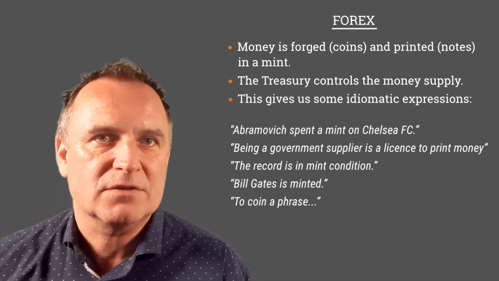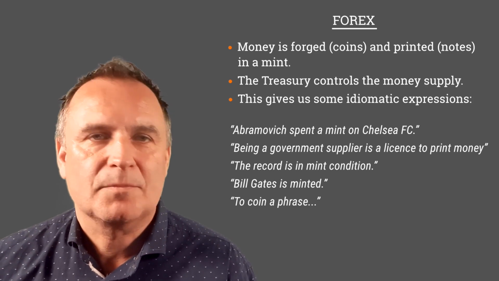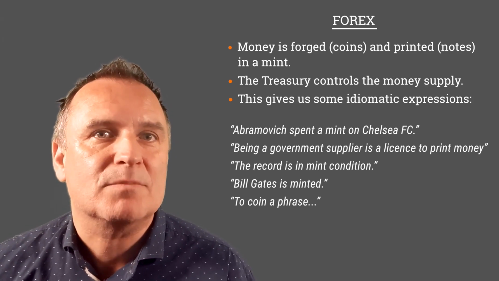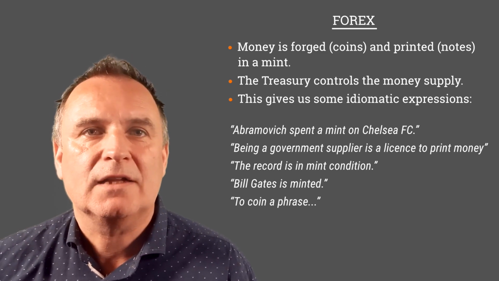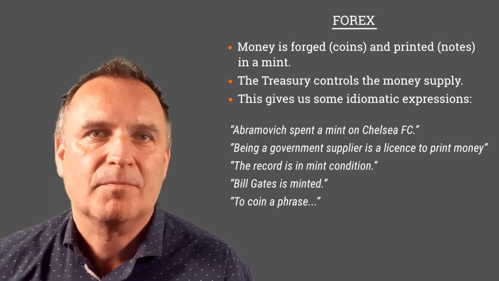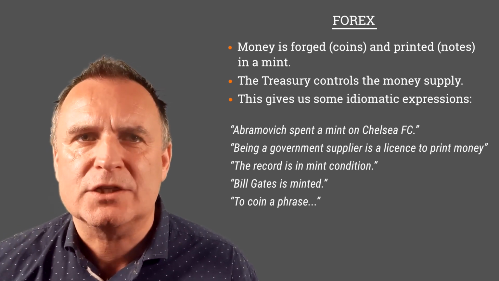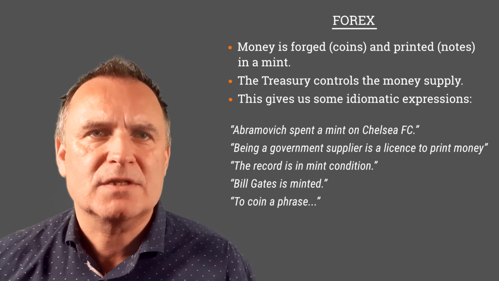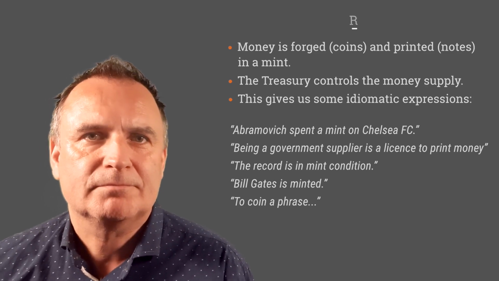The banknotes are printed, and the coins are stamped or forged or created in the mint. And remember, we also can talk about coinage. When you talk about the subject of coins in general, then we're talking about coinage.